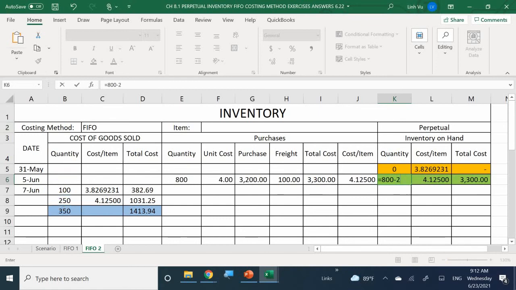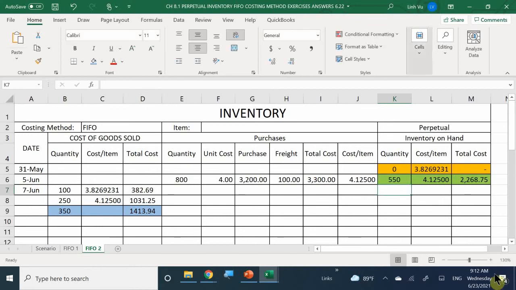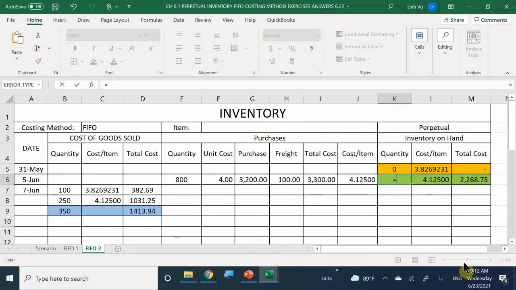So what is 800 minus 250? It's 800 items, that's what we originally purchased. Minus 250 should give you 550.